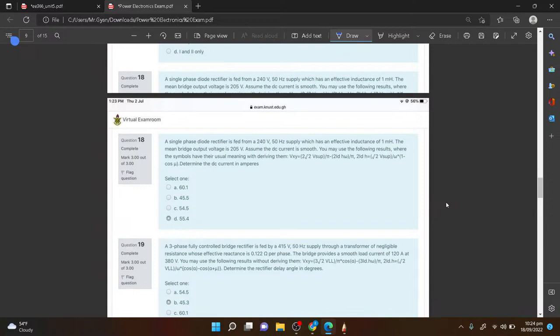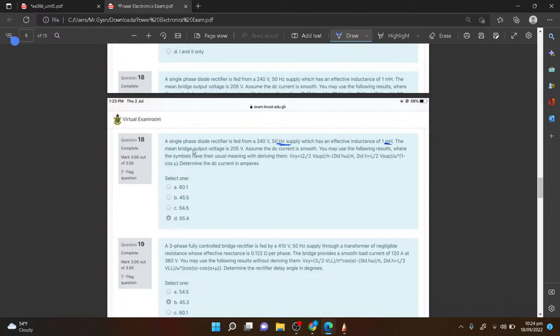They said determine the DC current. A single phase diode rectifier is fed from a 240 volt 50 hertz supply. Let's try to draw it, which has an effective inductance of this.